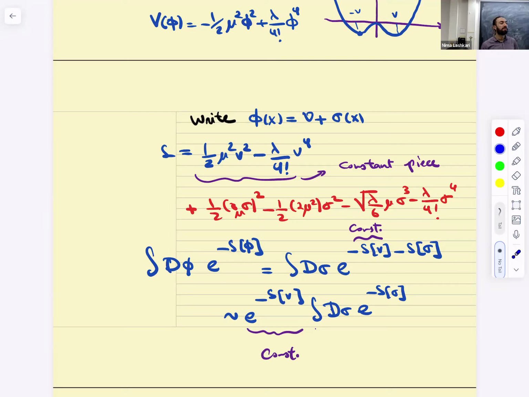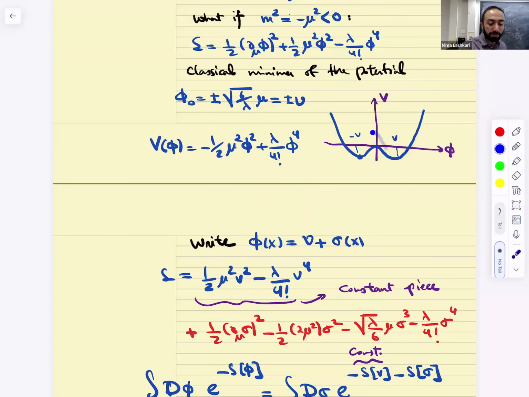Recall when we said perturbation theory is asymptotic. It means your perturbation theory is sensible, and at some point the terms start growing. That's often a sign that the contributions of other minima become important. Let me say it a little differently. Say you have this potential and you start expanding around this point. You will see some funky behavior. You're expanding around the wrong vacuum. There's some sort of instability that shows itself as a bunch of terms growing.